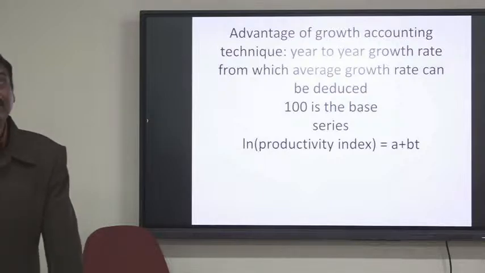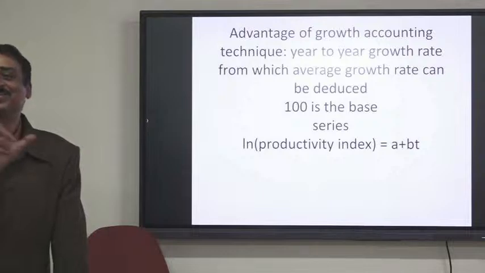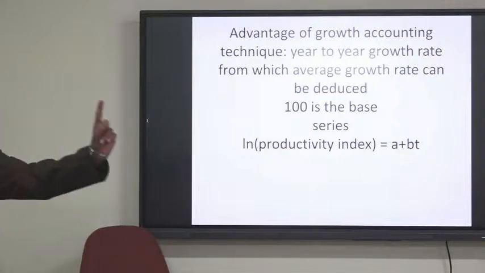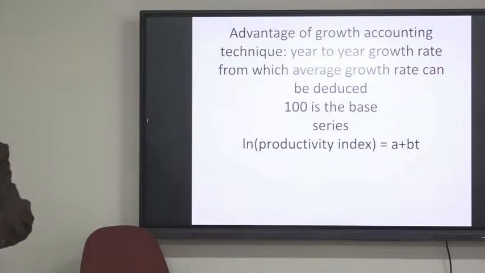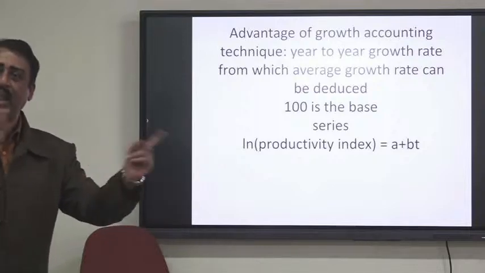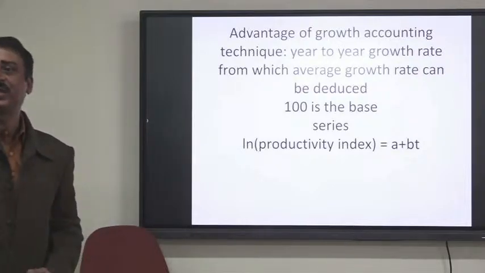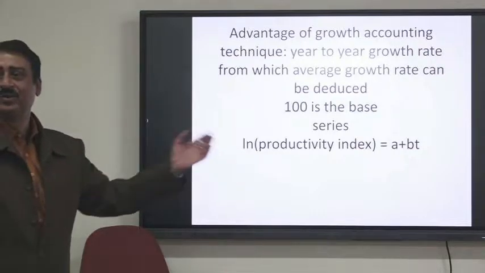Whereas if you are applying the econometric technique, you will be able to get only one figure for a particular period. Because you have the average rate of growth of value added between 1980 to 2020. You have the average rate of growth in capital over this period and of labor over this period. And similarly, you have the average labor share and average capital share as estimated from the econometric method.